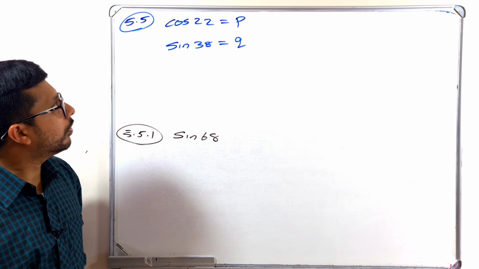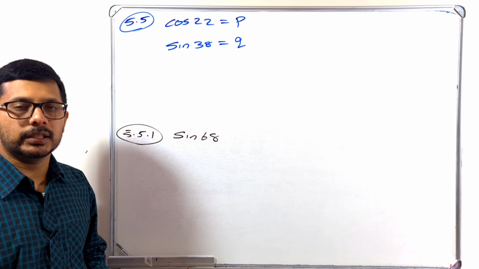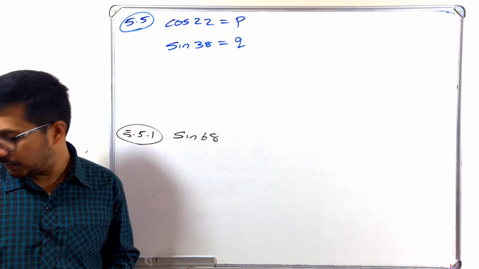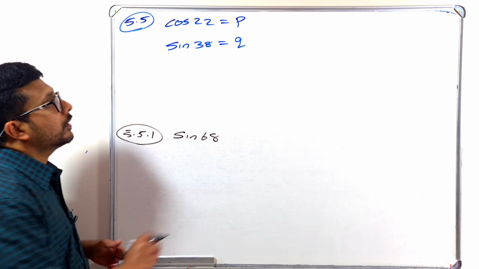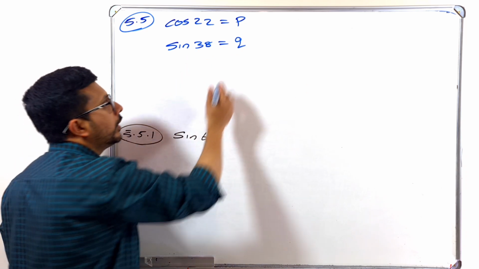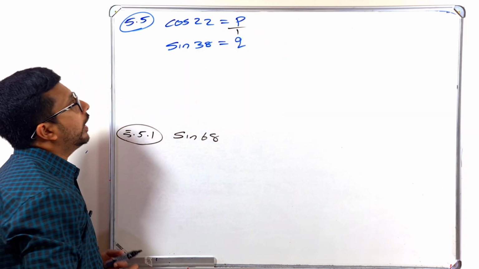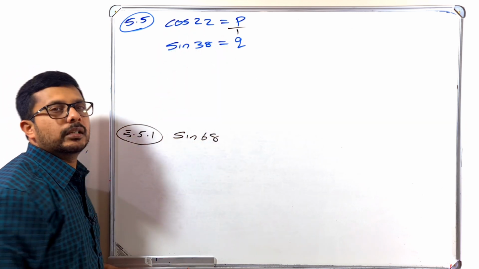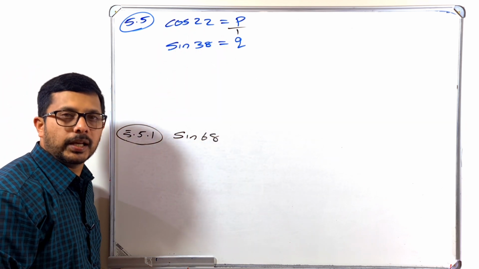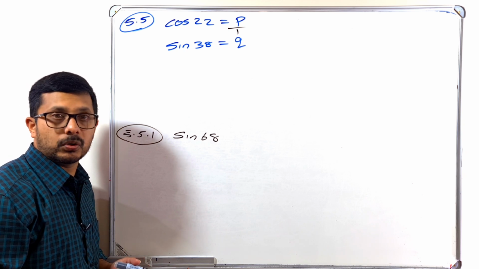So let's try to do the same method that we did on the first question. P means, what is the denominator here? If you just write P, what is the denominator? Denominator is 1. Am I right? And cos of an angle, how can you define cos?